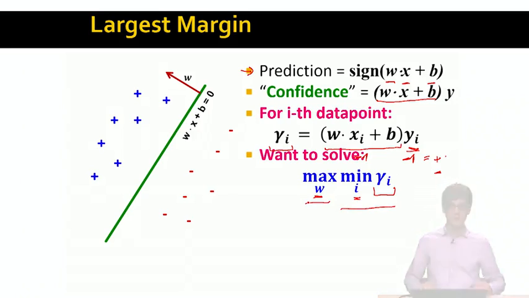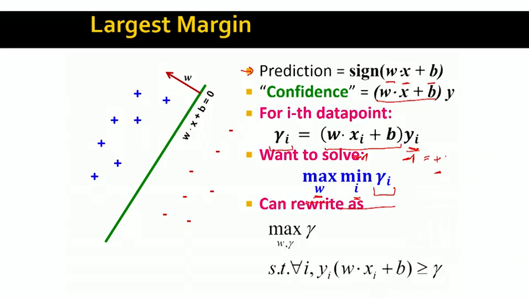We can write this down as an optimization problem: our goal is to find gamma such that for every training example, the margin of this example is at least gamma. We want the largest possible margin such that all the training examples have margin greater than gamma, and by finding such gamma, we are implicitly finding the W that achieves this large margin.